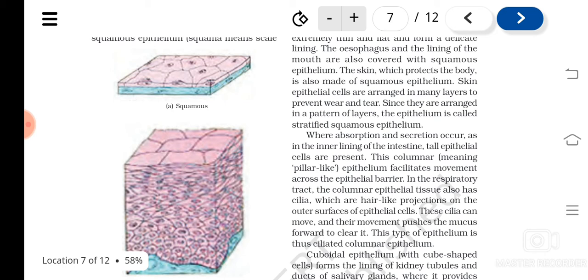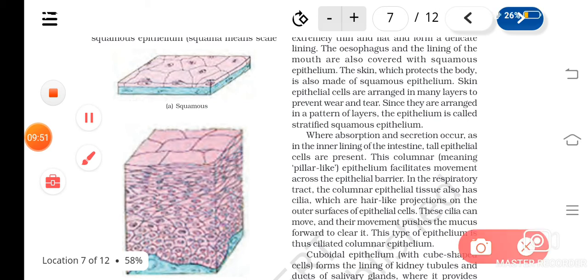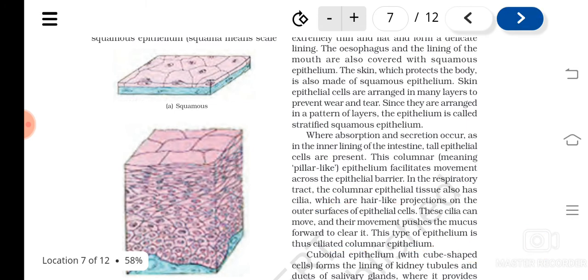For example, in the respiratory tract, the columnar epithelium has cilia also, and it is known as ciliated columnar epithelium. Its function is the movement across the epithelial barrier. The cilia have hair-like projections, and their movement pushes the mucus forward to clear it.